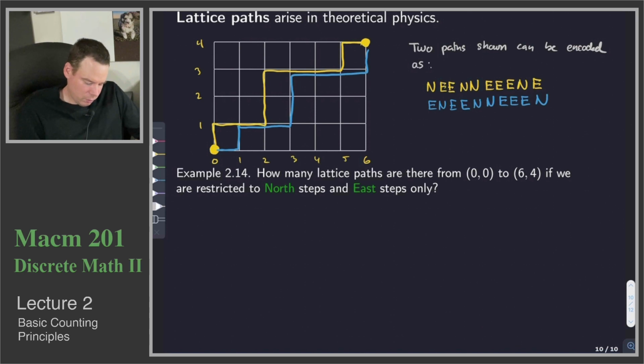And so the thing to notice is these are permutations of 4 north moves, so 4 N's, and 6 E's, because we went from 0, 0 to the eastern point 6 and the northern point 4.